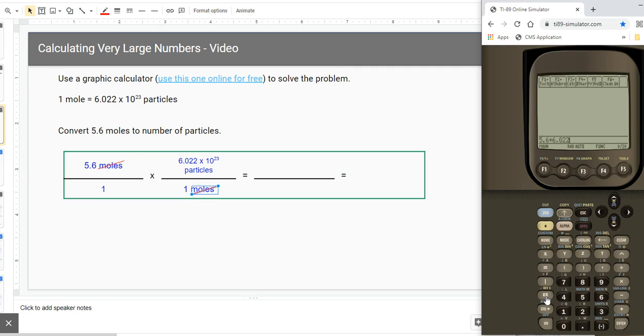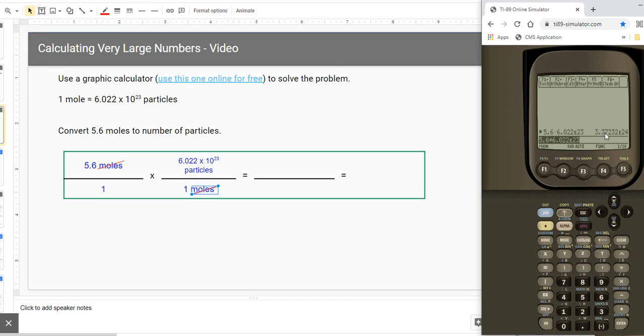Do you see that right here? So you're just going to press EE. And it comes up with just one little E there. Honestly, I don't even know why. It's kind of confusing, but that's what it should look like. And then you just write whatever number is in your exponent. So I'm going to write the number 23. And that's it. That's all you have to do. You don't type times 10 and then 23. You just do this E button that is right here. And then you press enter.